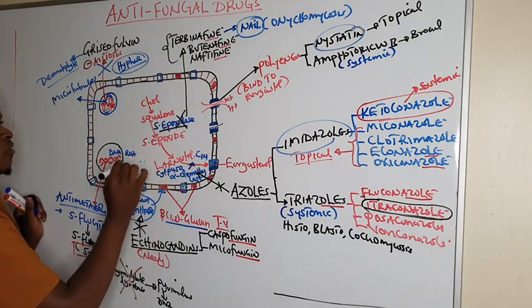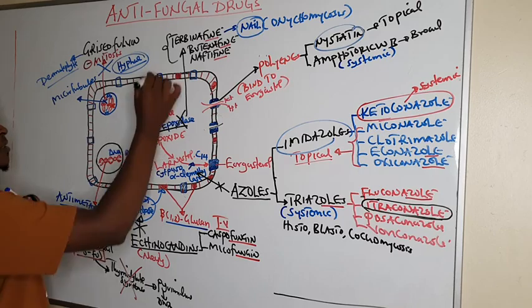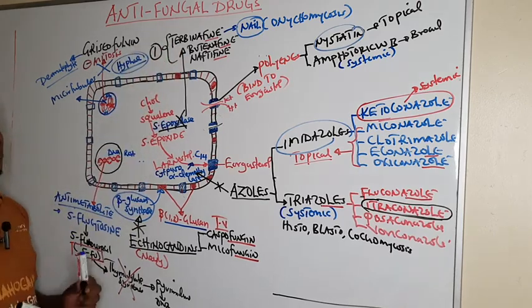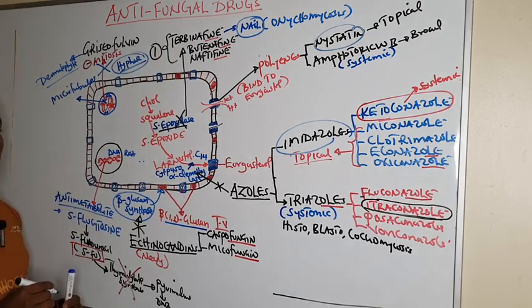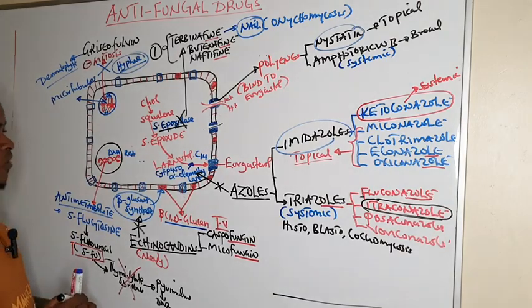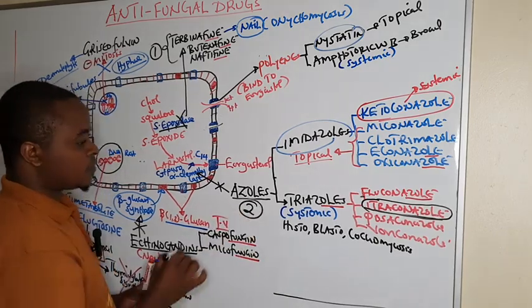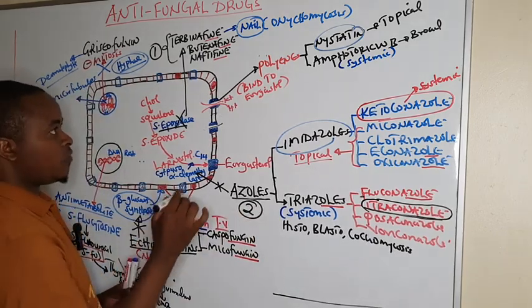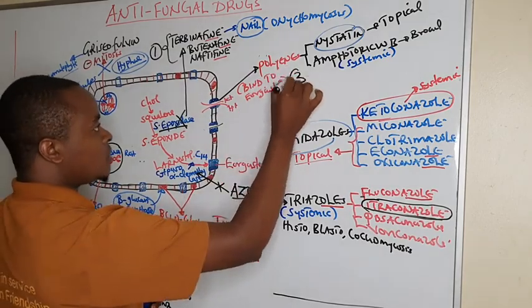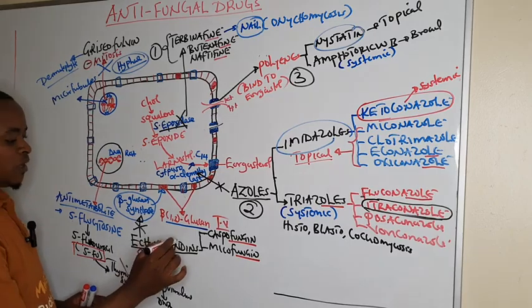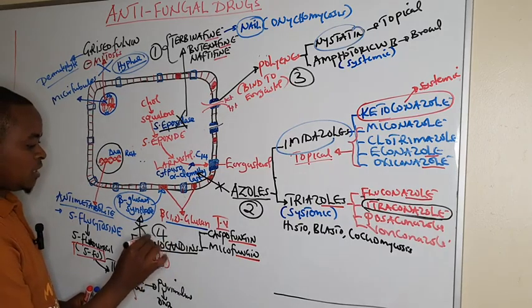drugs that inhibit squalene epoxidase, that was terbinafine, butenafine, and naftifine. The second one, we looked at azoles. The third one, we looked at polyenes. Then we looked at beta-glucan inhibitors, those are the echinocandins.